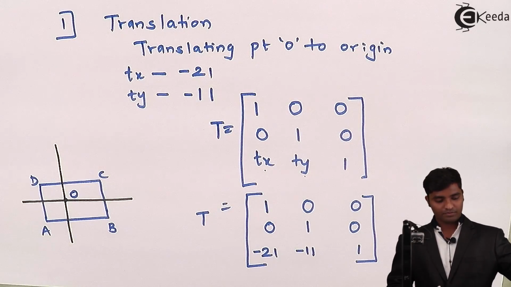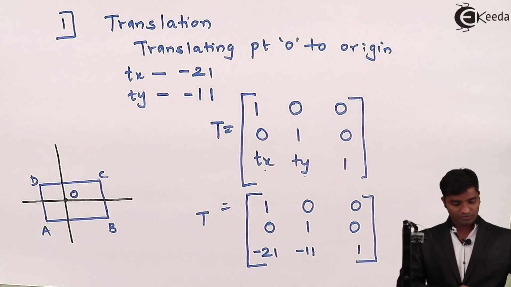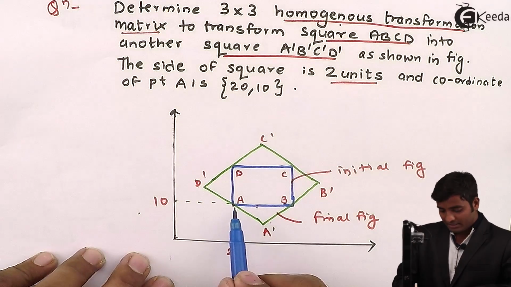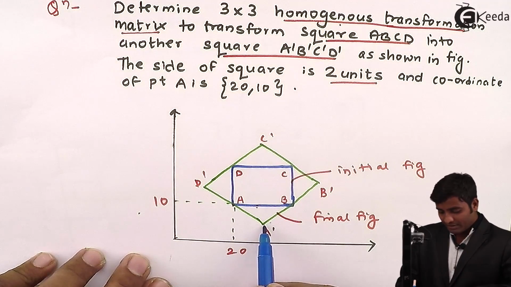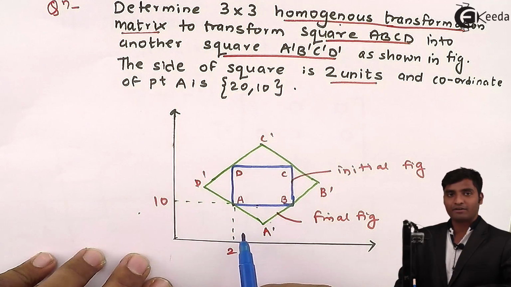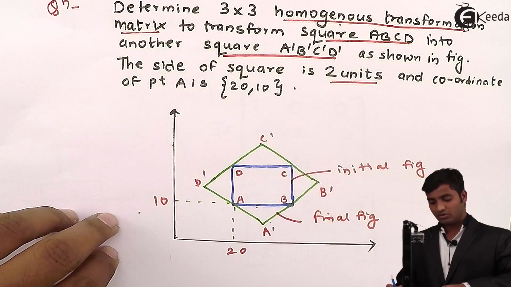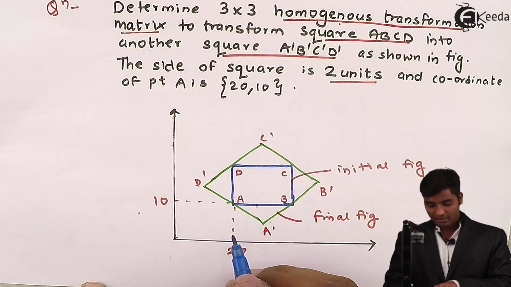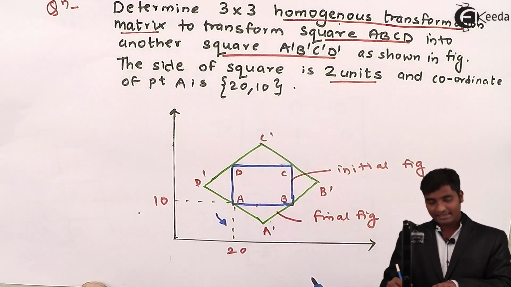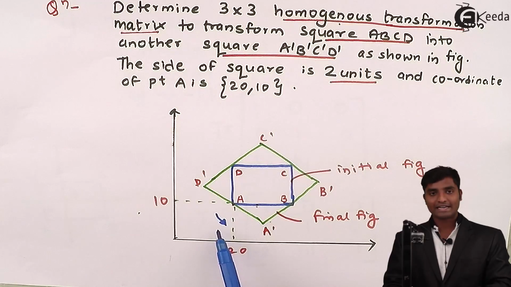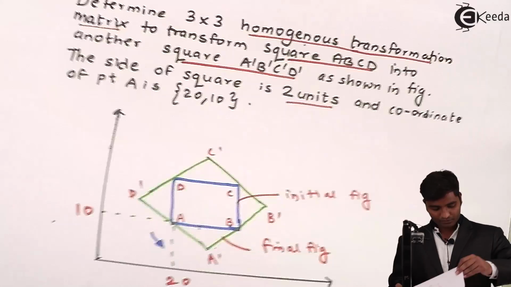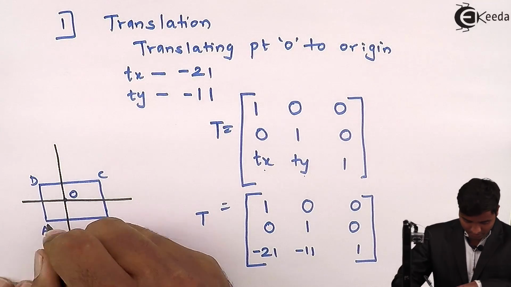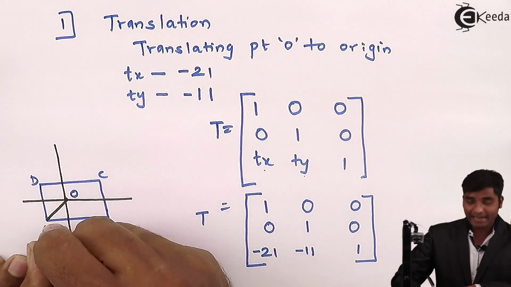From the final figure, it seems that A has been rotated by some angle, which means we will perform a rotation transformation, and the direction of rotation is this way, which means it is anti-clockwise. Initially A is here.